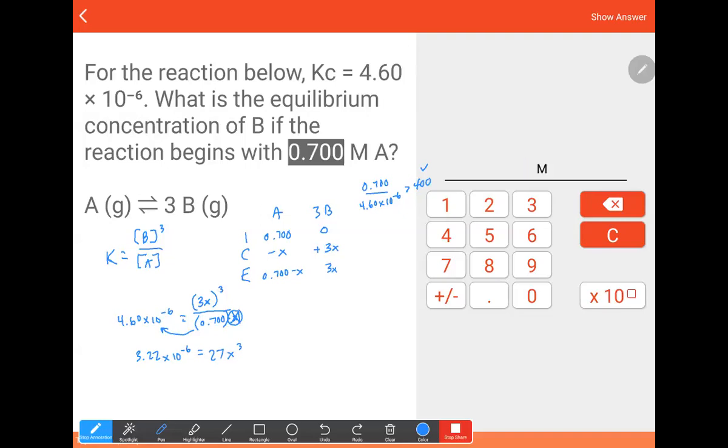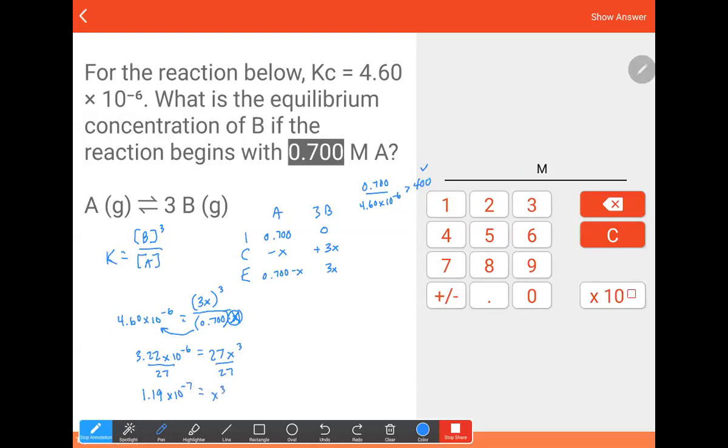So 3 cubed is 3 times 3 times 3. So I'm going to divide both sides by 27. So 3.22 times 10 to the negative 6 divided by 27 gives me 1.19 times 10 to the minus 7 equals x cubed.